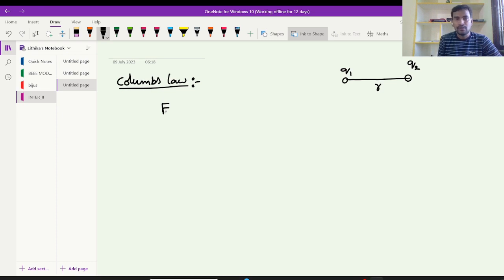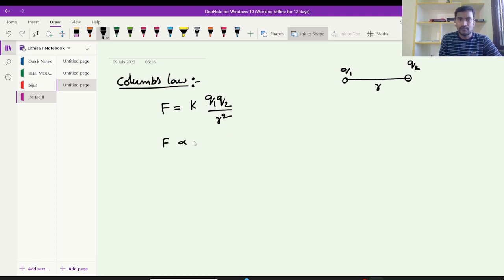The force of attraction or repulsion will be given by F is equal to K into Q1 Q2 by R squared. If you observe this expression, the force of attraction or repulsion is directly proportional to the product of charges.